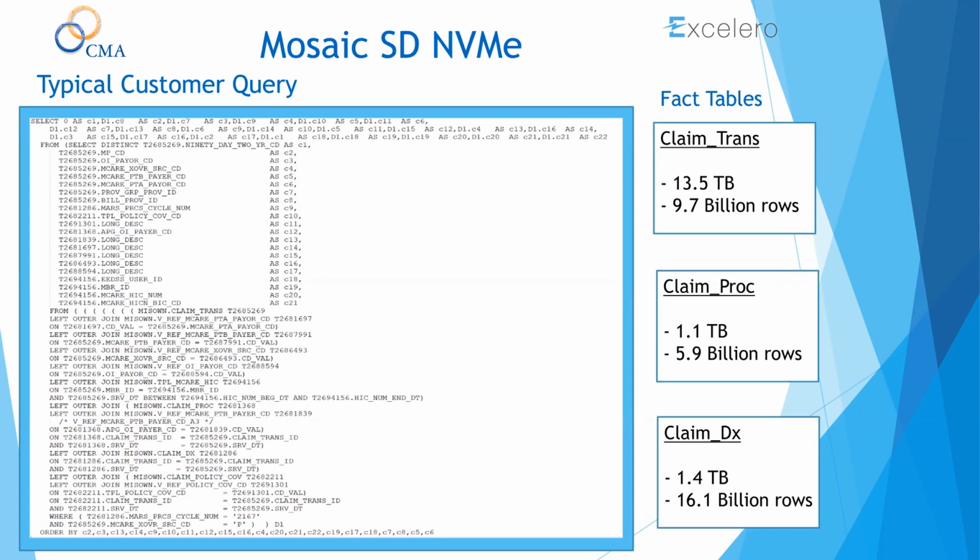So that's the area. They're oftentimes joining this claim trans and claim proc and claim DX. These are medical, in the medical space, which are really joining a 13.5 terabyte table to a 1.1 to 1.4 terabyte table, with billions of rows being joined. And this is just one query. There are thousands of these run by this customer in a day.